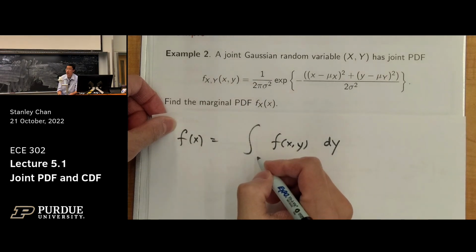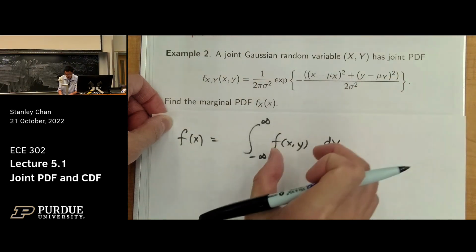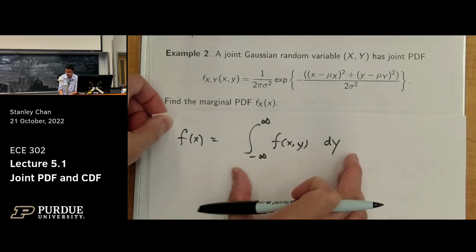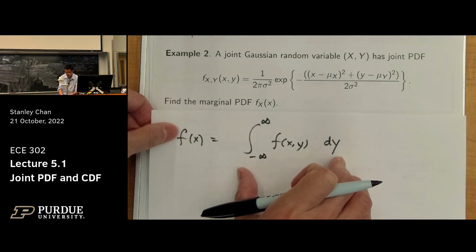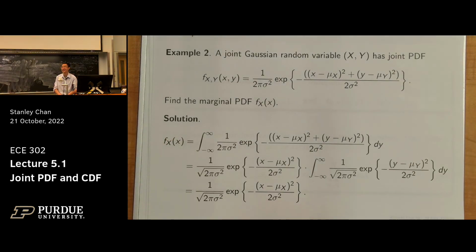The limits are minus infinity to infinity because this is Gaussian. That's the sample space for the Gaussian. You put this thing inside and do this one-dimensional integration. You suffer for a couple minutes. You cry and cry and cry, and then you'll get to this formula.